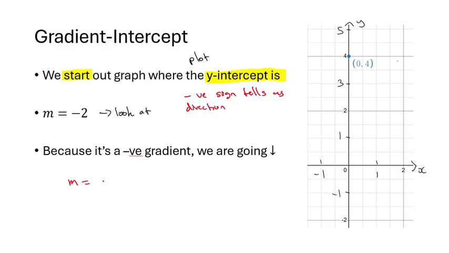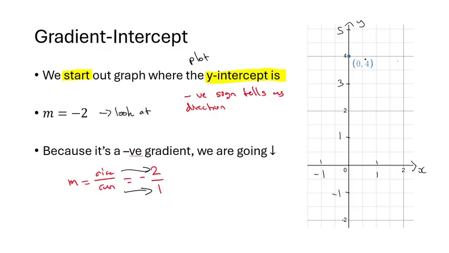Another way of writing this 2 is in the form of m equals rise over run. So m equals rise over run, which equals negative 2 over 1, just like that. As you can see, the rise and the run correspond like that.